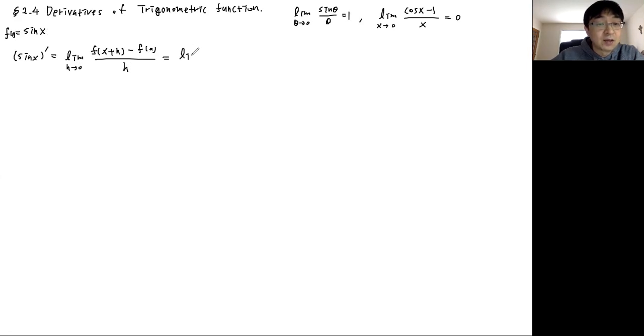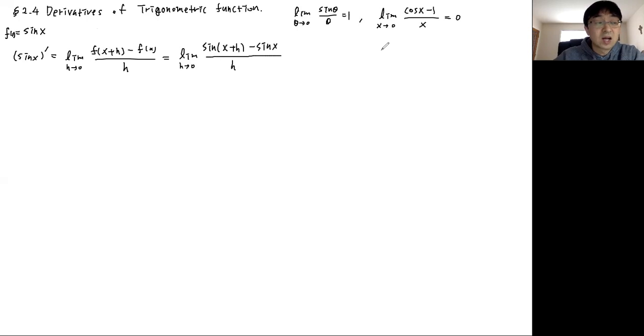So we have the limit as h approaches 0 of sine of x plus h minus sine of x over h. Next, I'm going to use a formula to expand sine of x plus h.